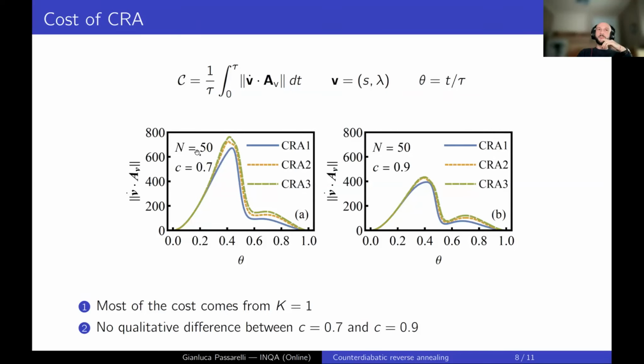So as you can see, in this particular case of 50 spins, both for 0.7 and 0.9, we see that most of the cost is due to the first order in nested commutators. The other two curves are just small corrections. And you see that apart from a difference in the vertical scale, there isn't much of a difference between these two cases in this case as well.